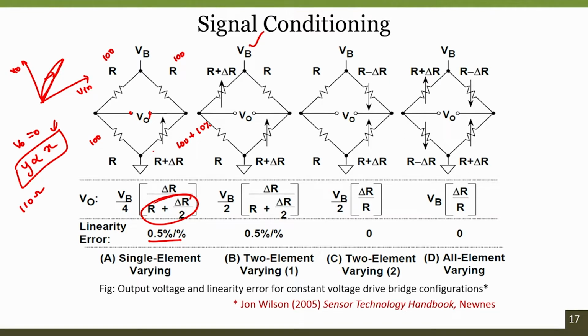In these 2 element varying bridges, you consider the same type of resistance change and add it in this way. Why should we not add here, why should it always be added in this configuration? Because when we add here, if both are changing at the same rate, the output voltage that we observe will remain the same, it will not change, even though the sensor is changing with respect to the load, right.